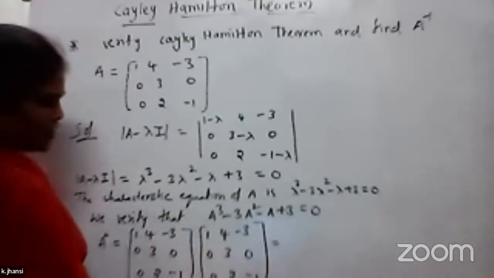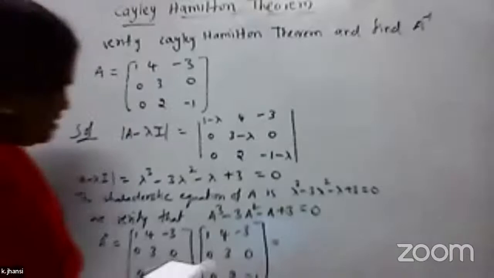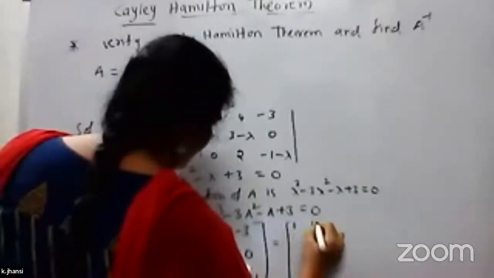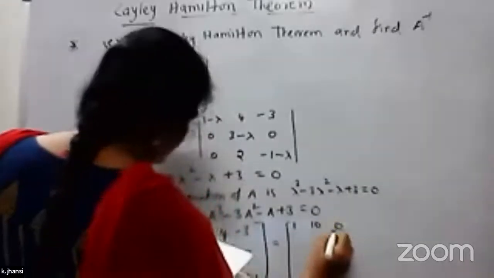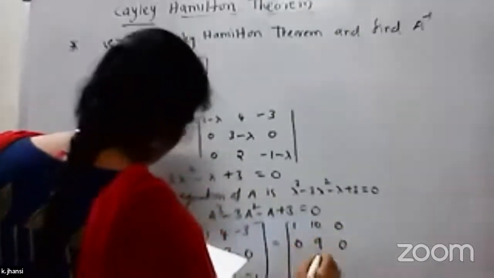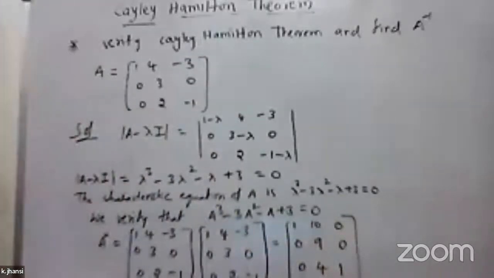Similarly, third row with first, second, third columns. Okay. Directly I am writing the answers here. So A square value will be 1 1 0, 0 9 0, 0 4 1. Okay. So this is our A square.